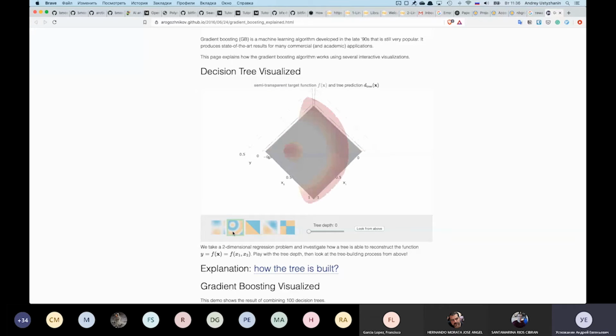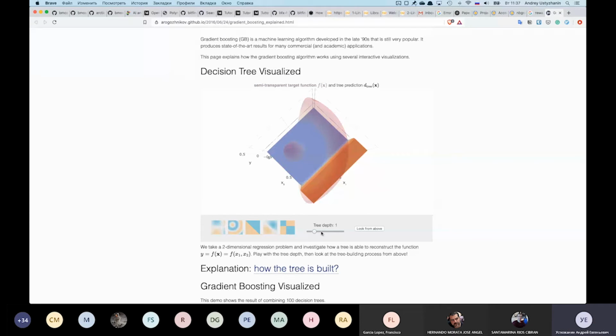The color here denotes the depth of the function, and then we want to build a tree on top of it. If it is a tree of depth 0, there are no splits for the tree of depth 0, so we just take the mean value of the target.